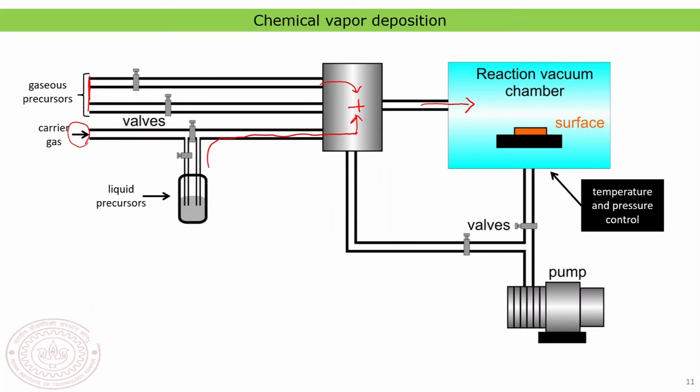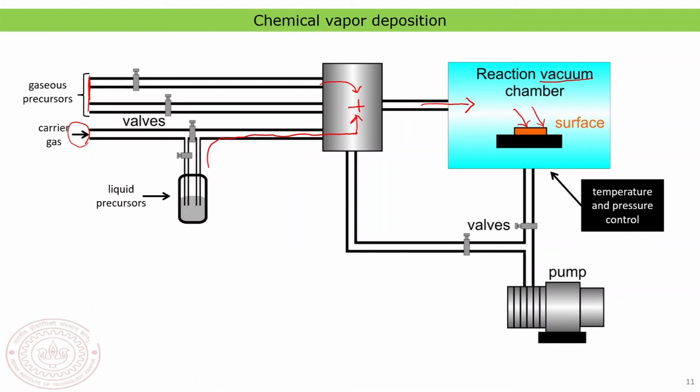Now in the reaction chamber, typically the reaction chambers are also always under vacuum in order to basically create an inert atmosphere, and then also to remove the byproduct. And now the precursor molecules would come and get deposited on the surface, and on the surface, which is kept at higher temperature, the reaction would occur.